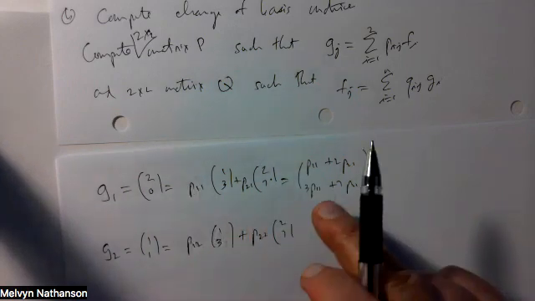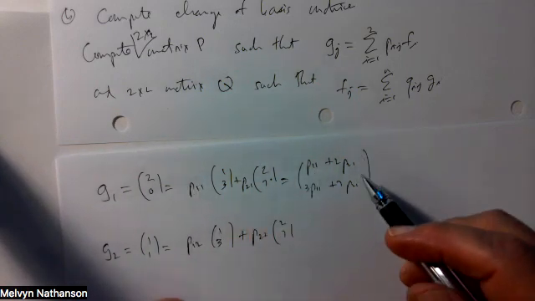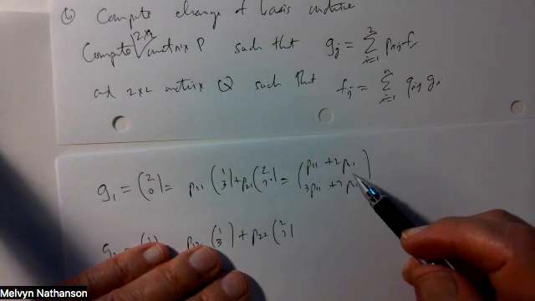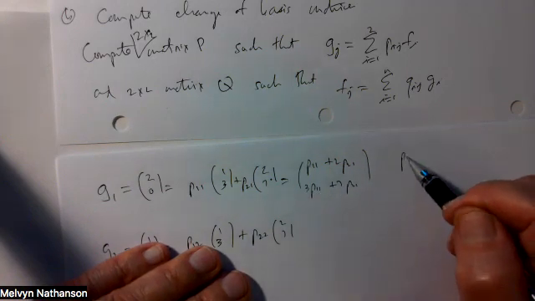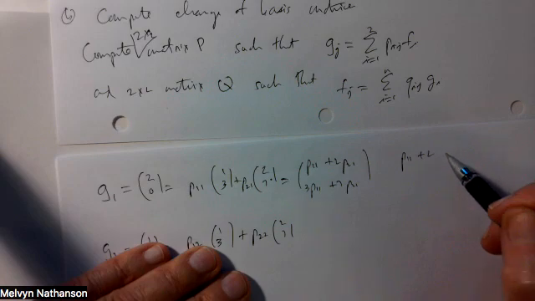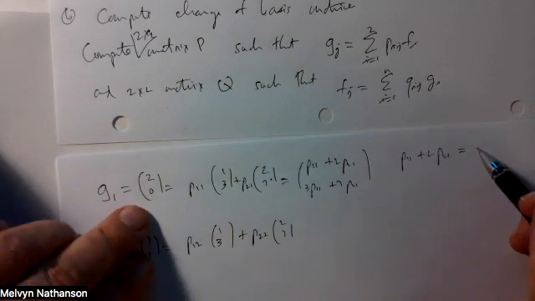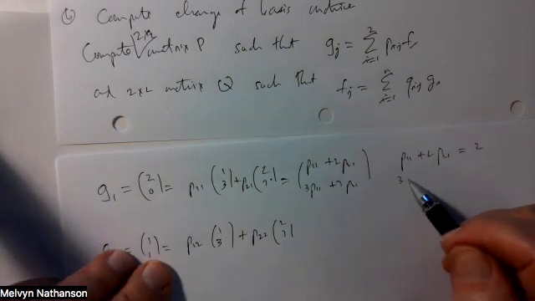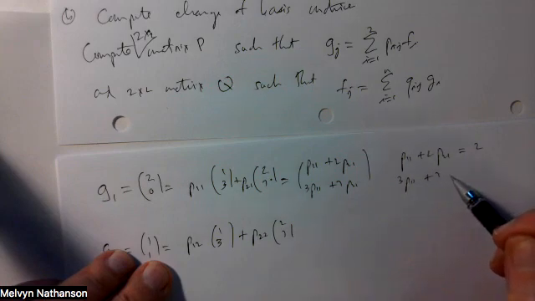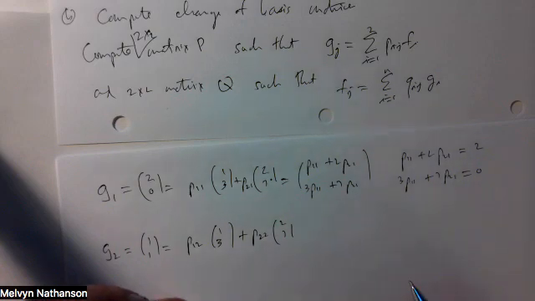So to find P11 and P21, we have to solve these equations: P11 plus 2 P21 equals 2, and 3 P11 plus 7 P21 equals 0.